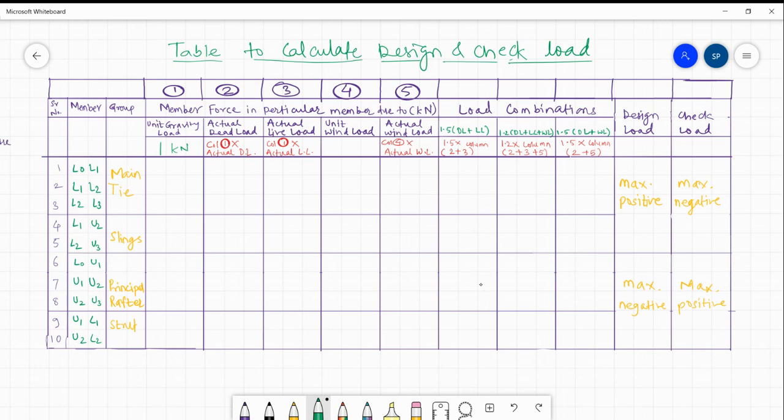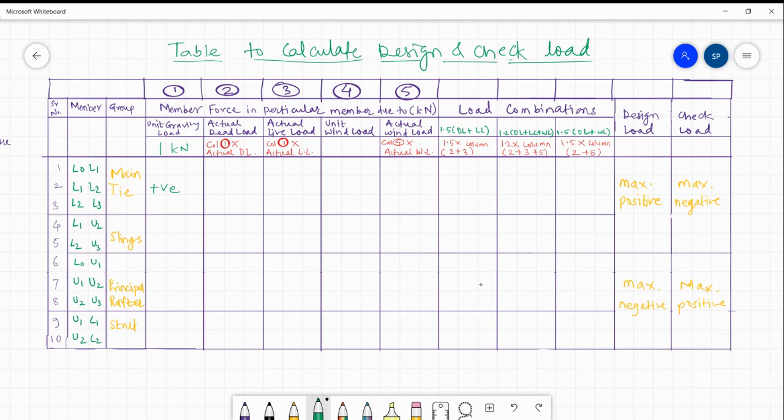So for L0, L1, L1, L2, L2, L3, all these values will be positive because tension is assumed to be positive. As per sign convention, tensile forces are assumed to be positive. So under this, all the values will be positive.